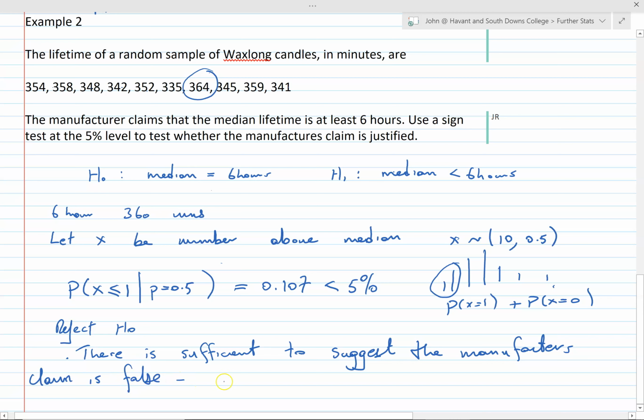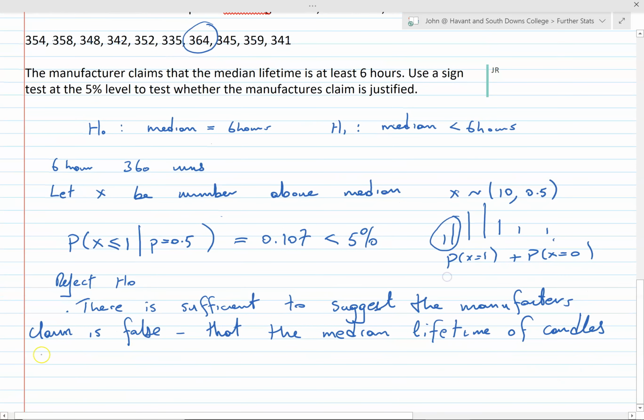That's probably enough, but you might as well put a bit more context in there, that the median lifetime of candles is at least 6 hours.